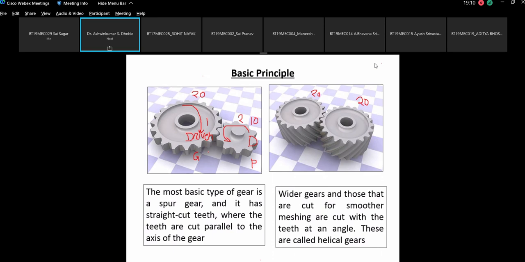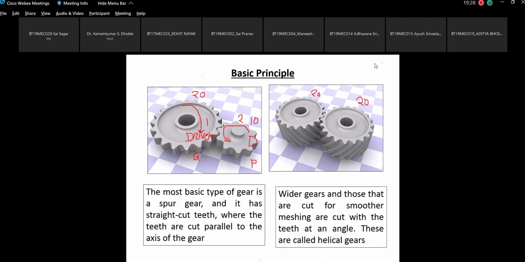Let us say I make 20 the driving gear and 10 the driven gear. What is the gear ratio? You said 2. Now if I make it driving gear teeth divided by driven gear teeth. Okay, we will see the gear ratio further ahead.